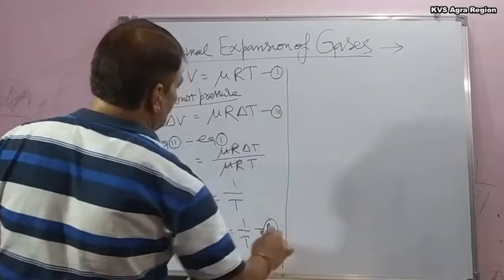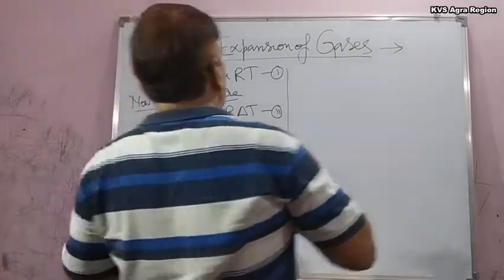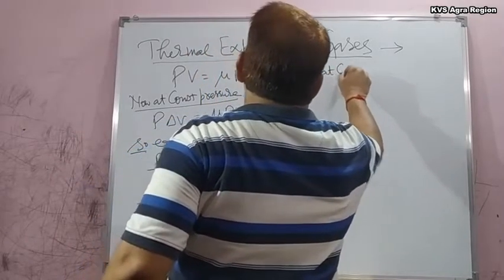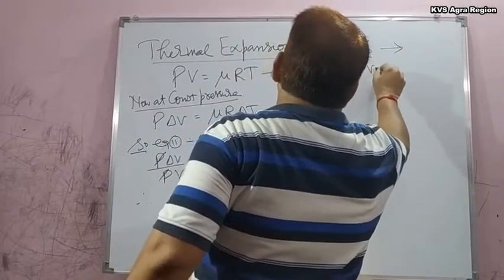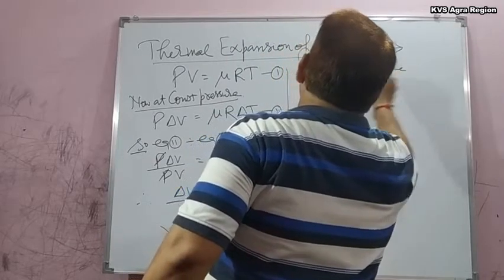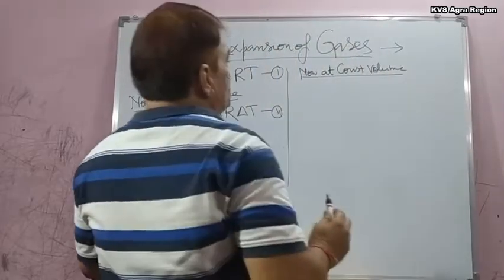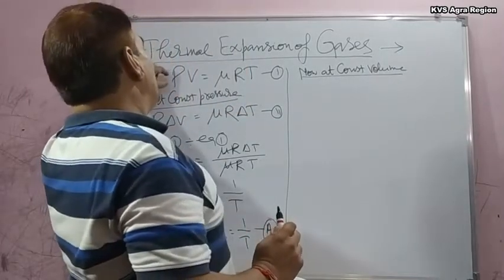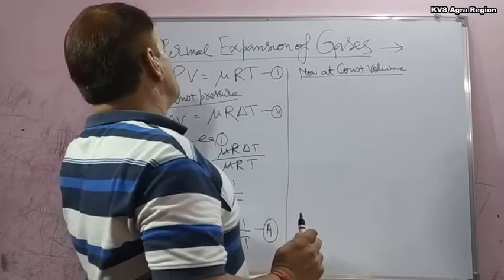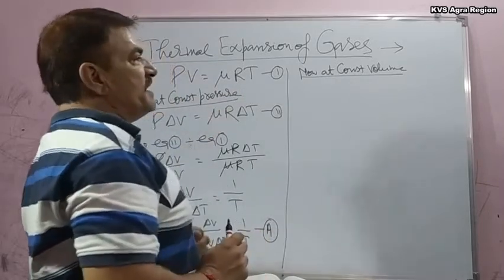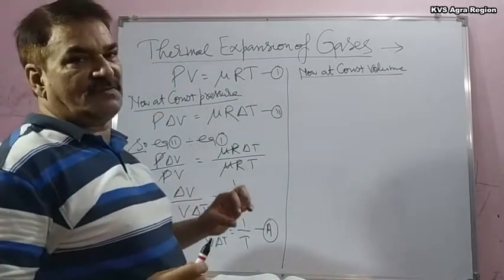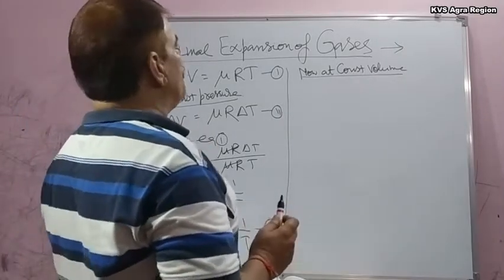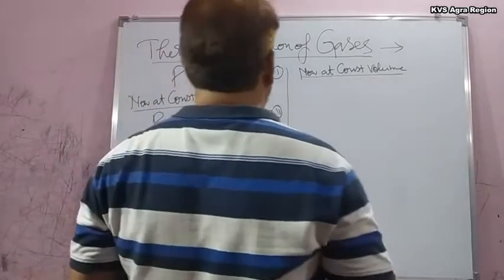So now at constant volume. Means if we keep volume constant, then again when temperature is changed, differentiating this ideal gas equation at constant volume, then volume will remain constant.